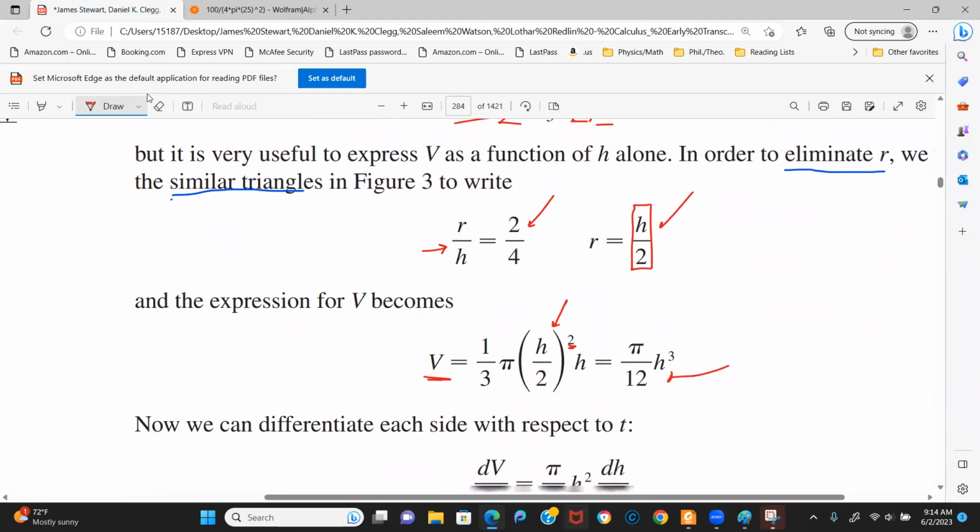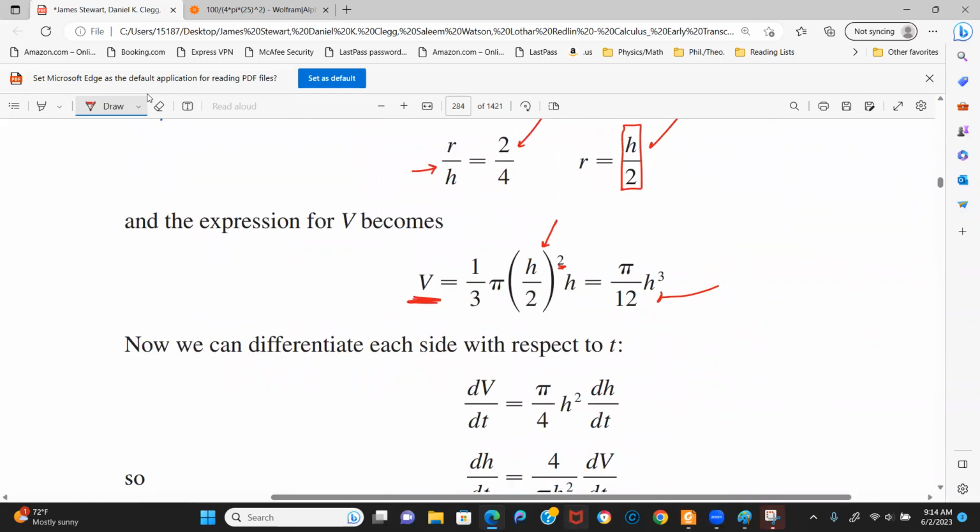Now we're going to implicitly differentiate V, which is equal to pi over 12 h cubed. On the left-hand side, we just get dV/dt. We have this constant pi over 12, which we can take out. By the chain rule, we differentiate h cubed, so we bring the 3 down.